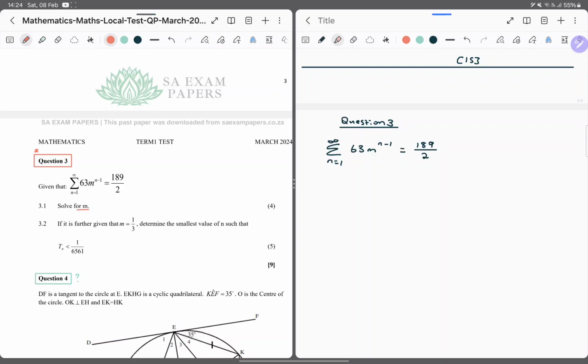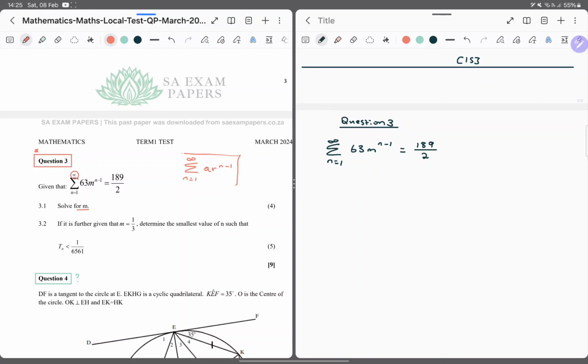Now from inspection, guys, we will see that in general, when we write in sigma notation, we're going to have the sigma, which means sum, and then we'll have the general formula. Of course, if we're going to infinity, it already tells us that this is a geometric series. So this is a r to the n minus 1, right? So we're starting from n equals 1 to n infinity.